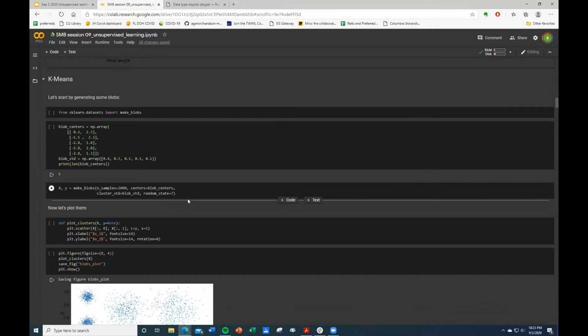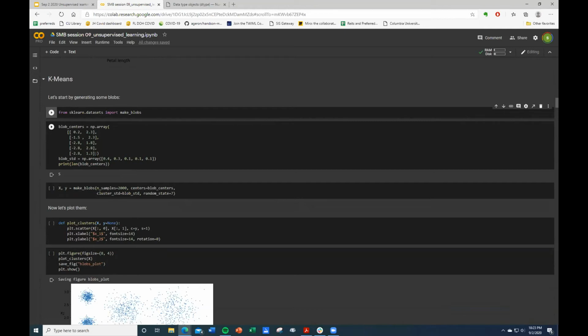And k-means is really just, the k serves as an alternative to n, so some sort of integer number, and means is the mean distance. So we're going to make some blob-like clusters. These are the centers on a Cartesian coordinate.